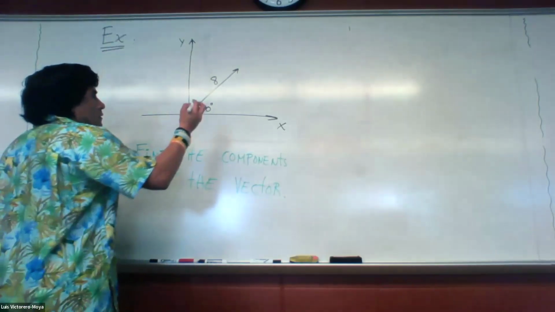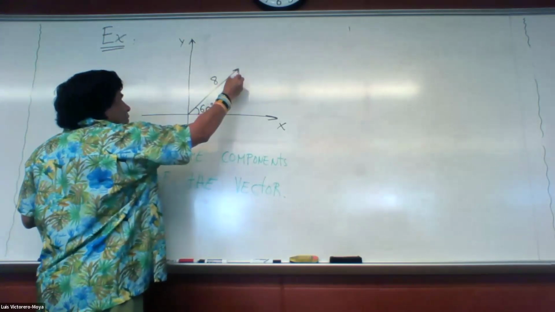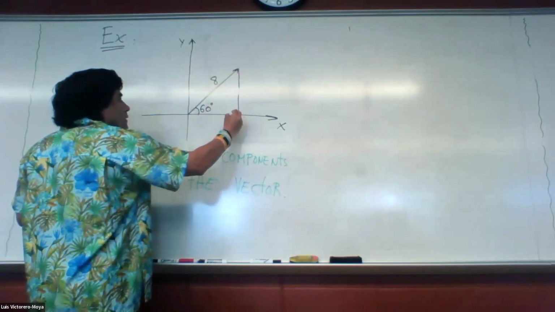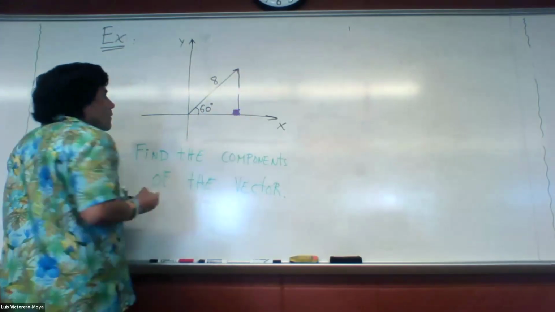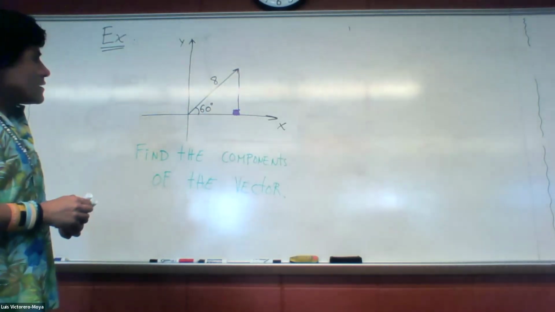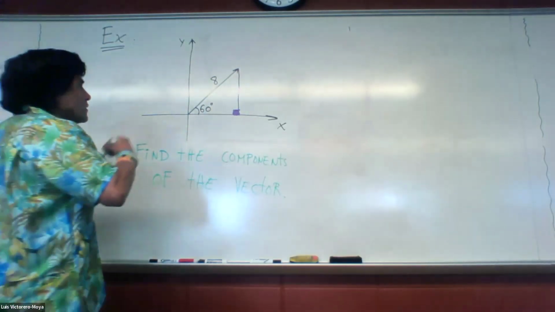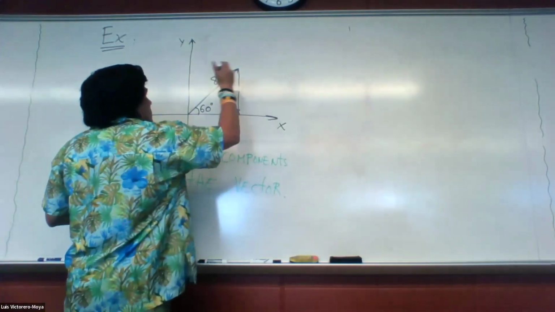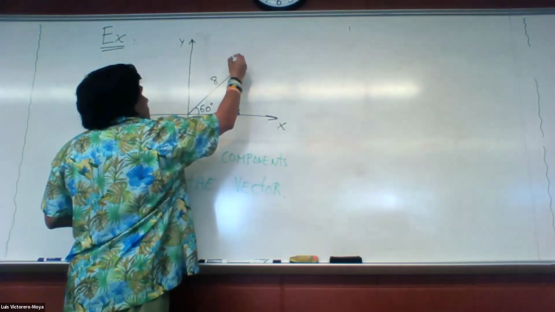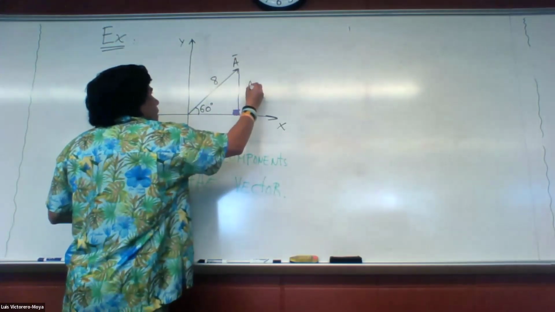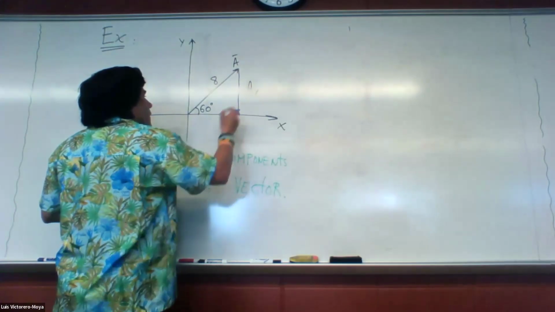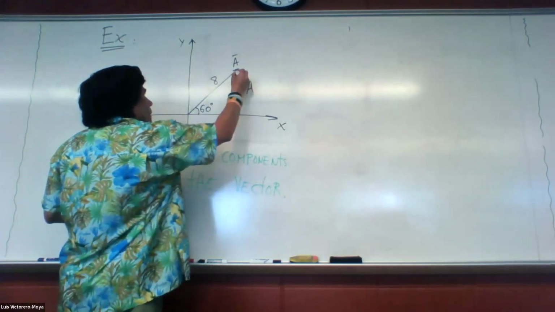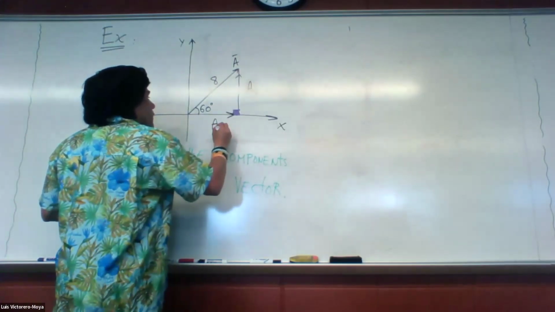Always remember, it's a good idea to draw it like that. And then you can see this is your Y component. Let's say vector A, AY, like that, AX.